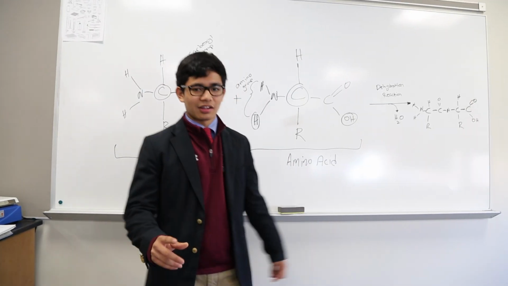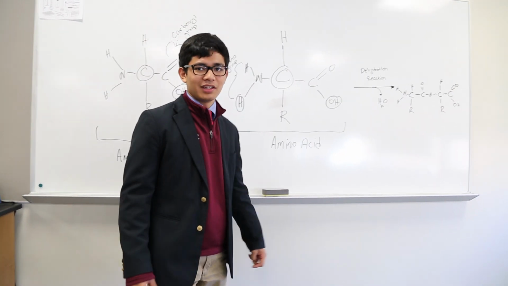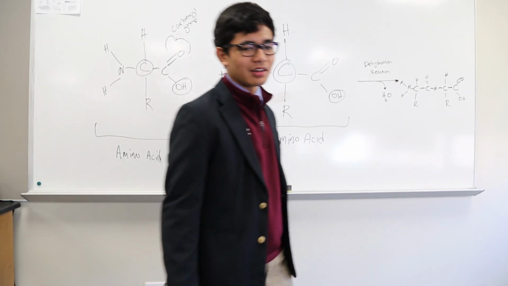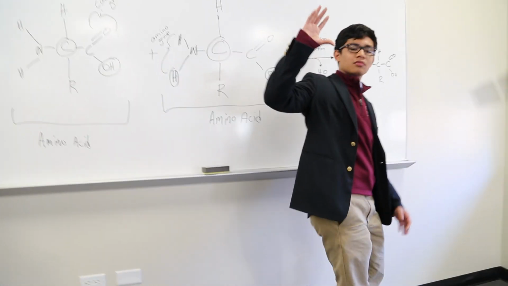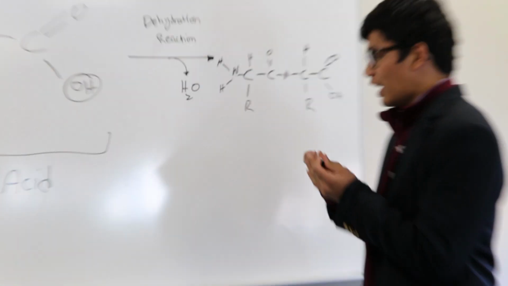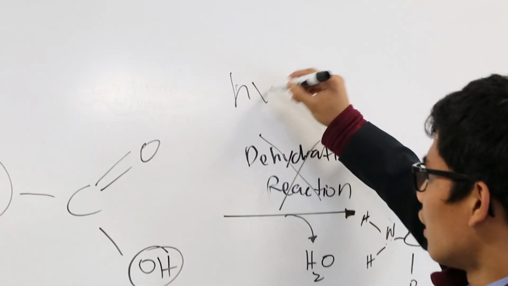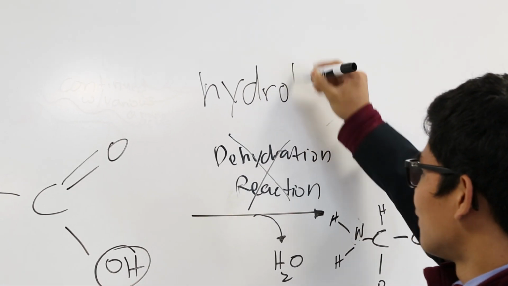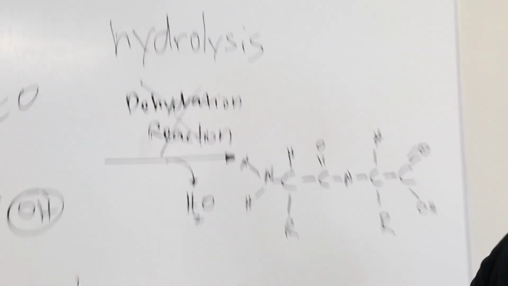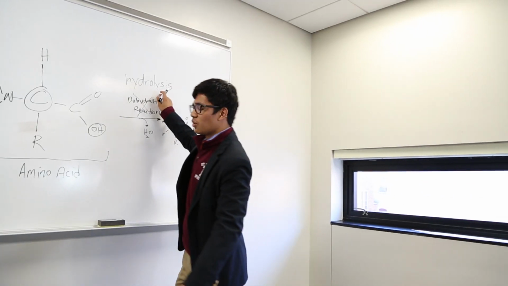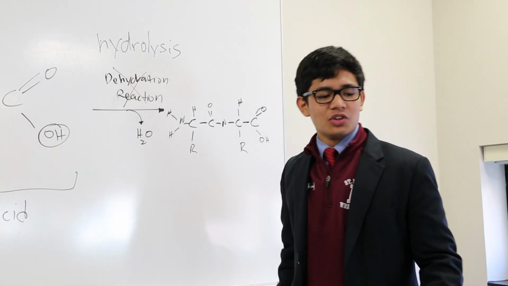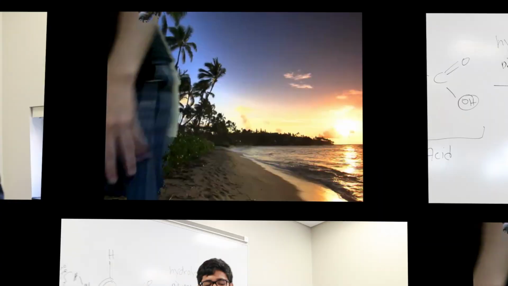Okay, class, one more thing. To release the amino acids of a polypeptide is to do the opposite. Not through a dehydration reaction, it's called hydrolysis. By adding water to a polypeptide, you can release the amino acids.